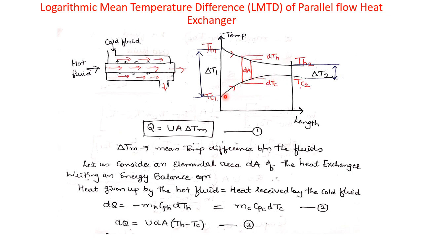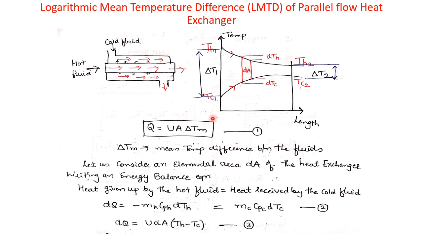You can see here the temperature increases of the cold fluid. The difference in temperatures of the hot fluid and the cold fluid at the inlet of the heat exchanger is given by delta T1, whereas the difference at the exit of the heat exchanger is given by delta T2.